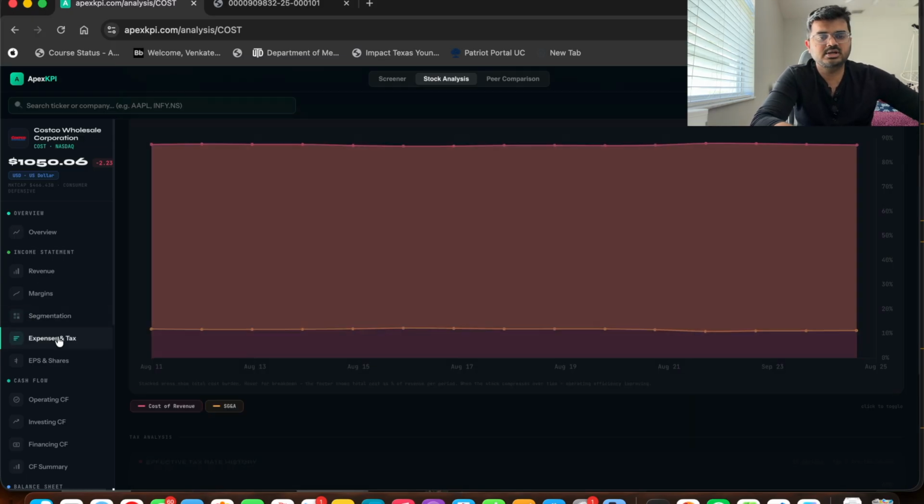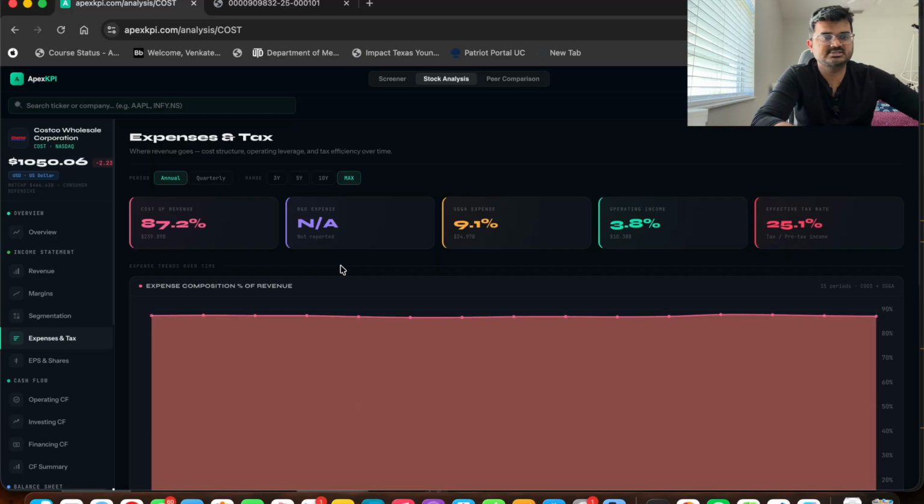Then the next section I want to look at is expense and tax. A quick snapshot here: cost of revenue or COGS for the most recent quarter is 87.2, and R&D expense is not applicable because technically Costco doesn't need any R&D.